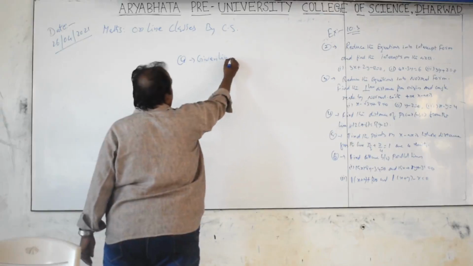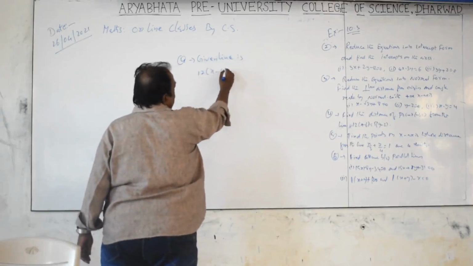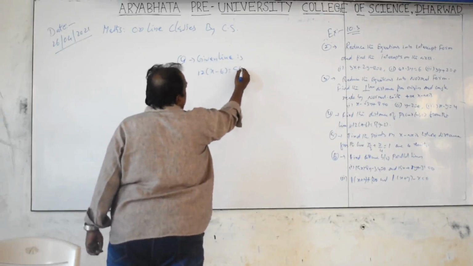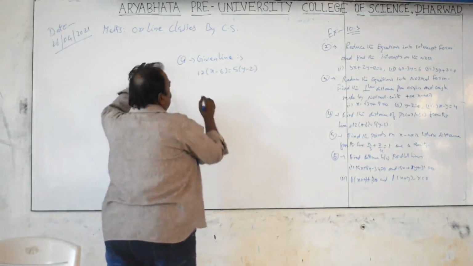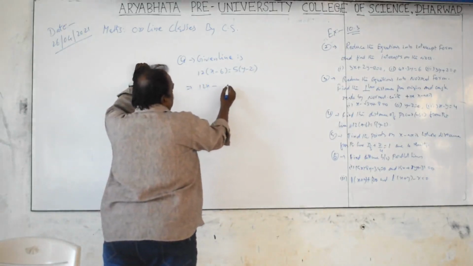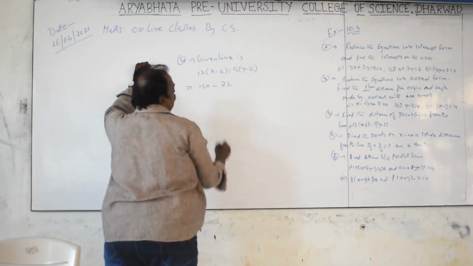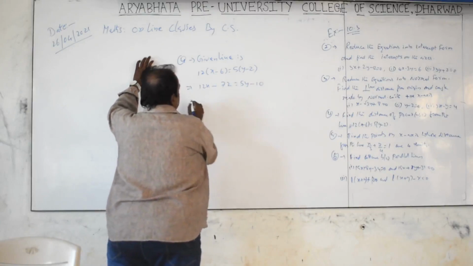Given line is 12 of x minus 6 is equal to 5 of y minus 2. So it is 12x minus 72 is equal to 5y minus 10.